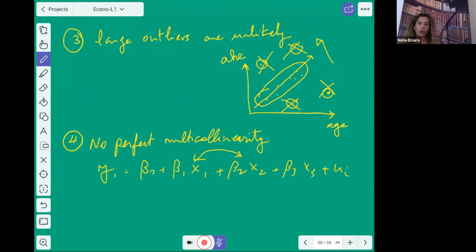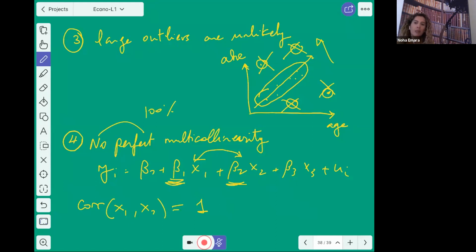So perfect multicollinearity means that the correlation between x1 and x2 is 100%, equal to 1 or -1. I don't care about the sign now. It's 1 or -1, it's 100%. If this happens, then I will not be able to estimate the coefficients beta 1 and beta 2. So we assume that we don't have any perfect multicollinearity.